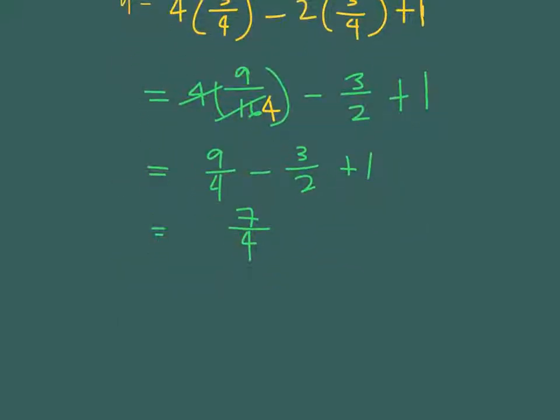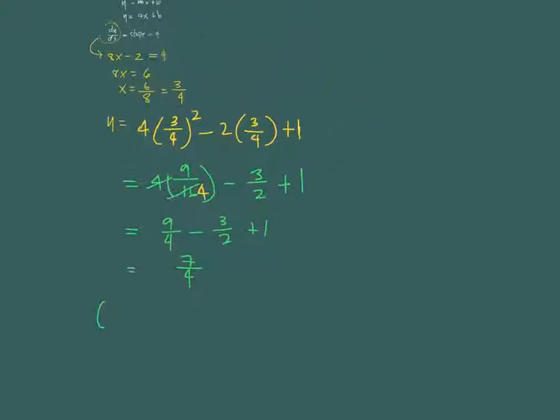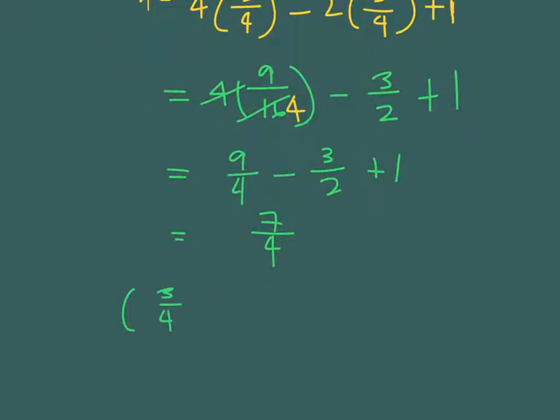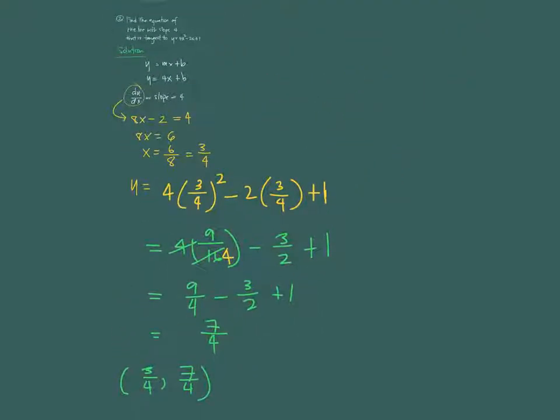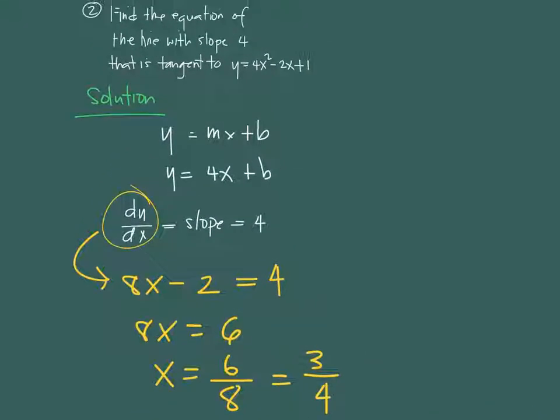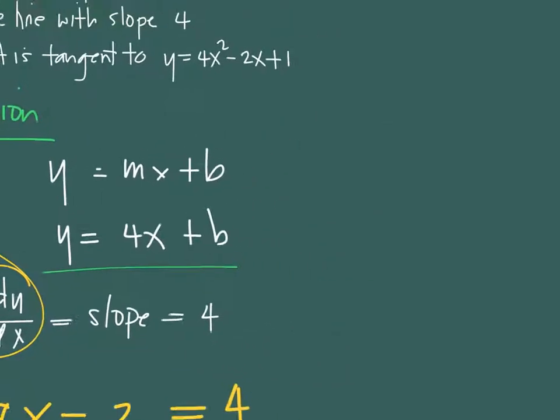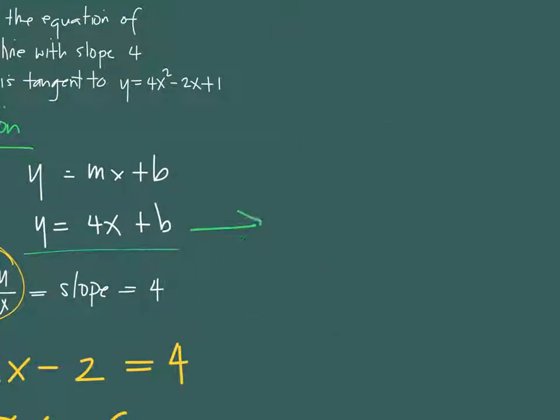So the point now, that's your x and y. The x is 3 over 4. And the y is 7 over 4. Let's go back to our mx plus b, 4x plus b. This one. So this must be 7 over 4 is equal to 4 times 3 over 4 plus b.